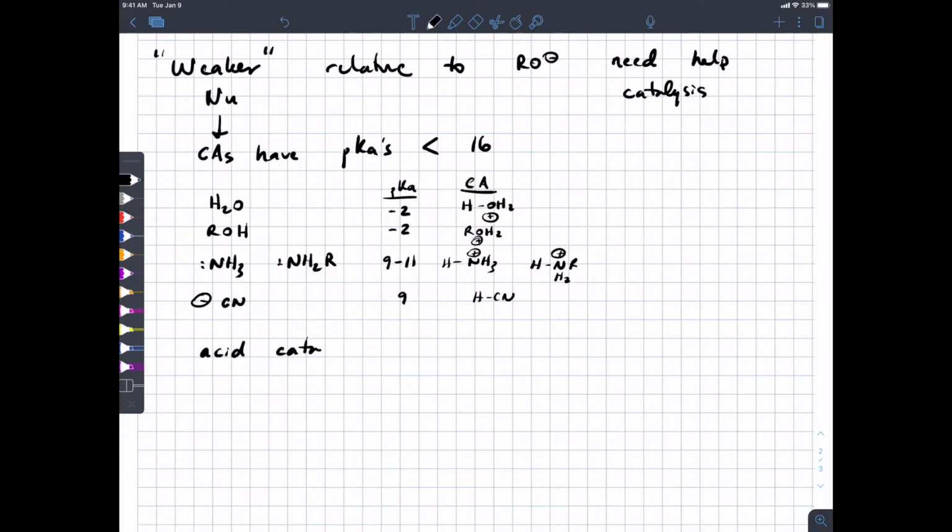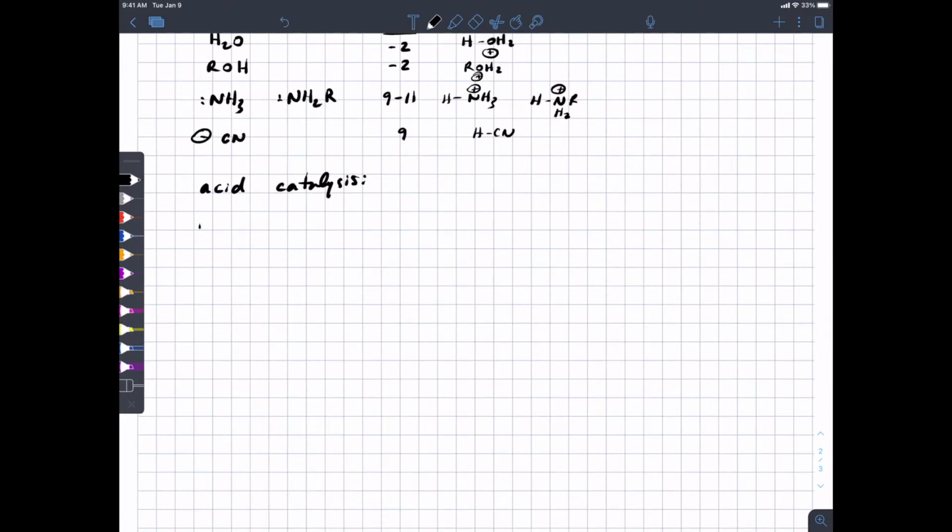And this comes in a couple of flavors. The first, and I'm not going to ask you to memorize what these are called, but I want to give you a couple of options and have you be familiar with both. Specific acid catalysis.